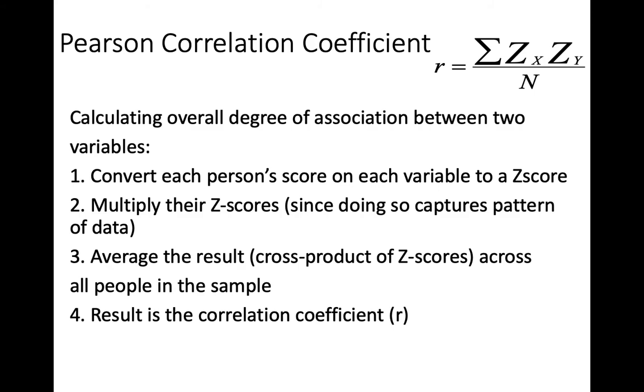To what extent is the extent to which I deviate on X matched with the extent to which I deviate on Y? You can see in the formula, we've got a sum and then dividing by n. And anytime we sum something and then divide by n, we're ultimately taking an average. So a correlation coefficient is nothing more than the average of the cross products between two variables.